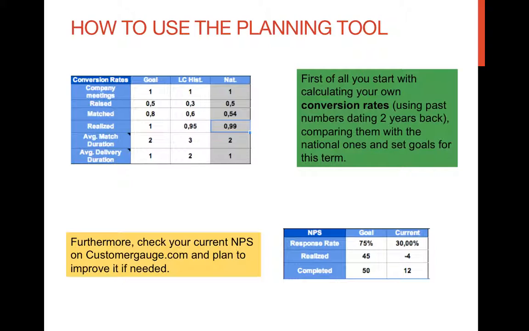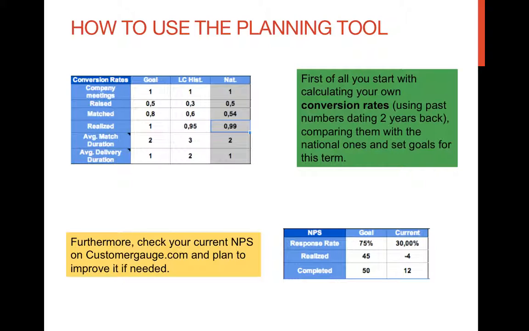The next value is the average match duration, which is given in months here, meaning how long it takes from raise to matched for a TN. In your LC it's 3 months, which is above the national average, and of course you should try to keep it down a bit.